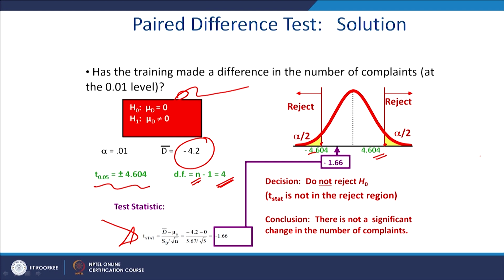So, let me summarize what we have done in today's session. We have used hypothesis testing for 2 samples, wherein we first framed the null hypothesis, then the alternative hypothesis, then we decided on the type of test to be used, then we calculated the t value or z value, whatever was the case.